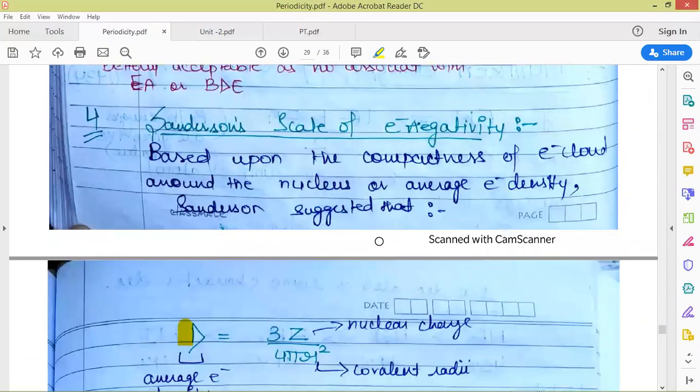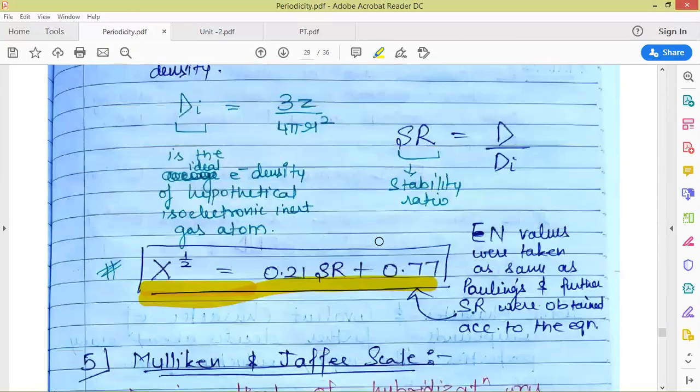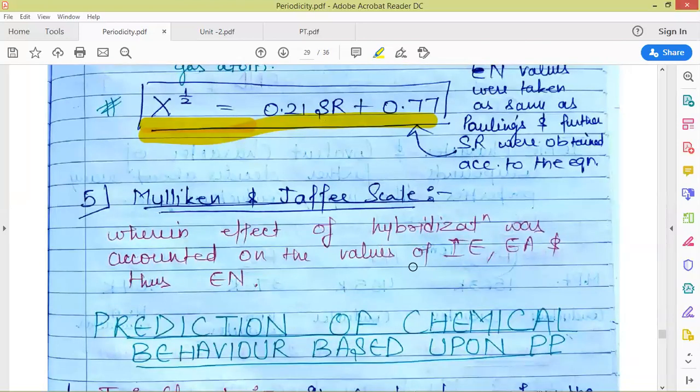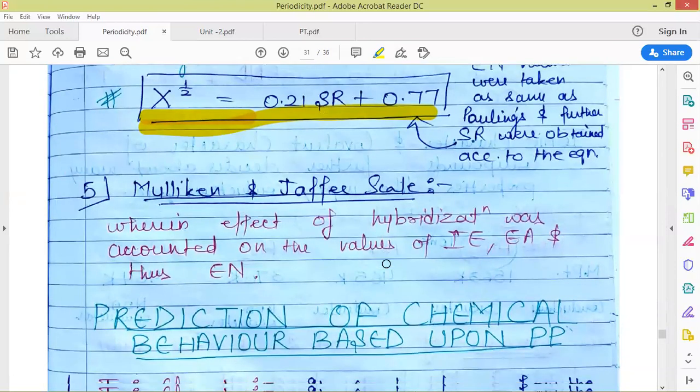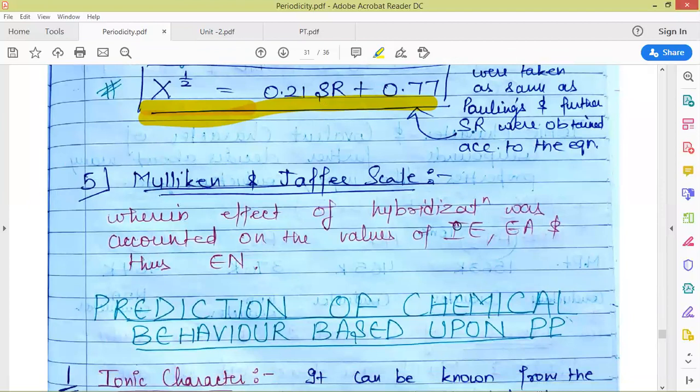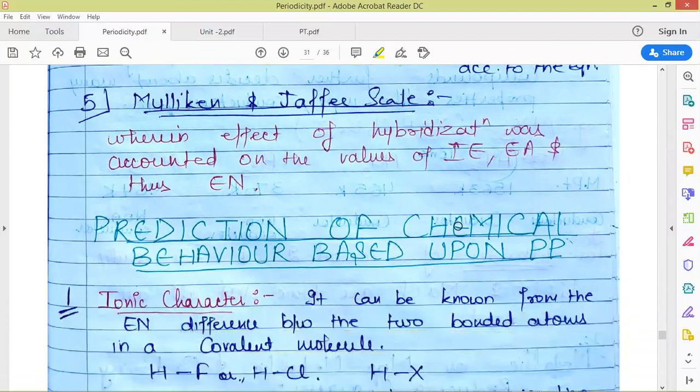Further, the effect of hybridization was also accounted. The exact formulation for the Mulliken and Jaffe scale is not in your syllabus. So just the 5 concepts we have discussed, and the last one is just an advancement to the earlier discussed one, that is the Mulliken concept.